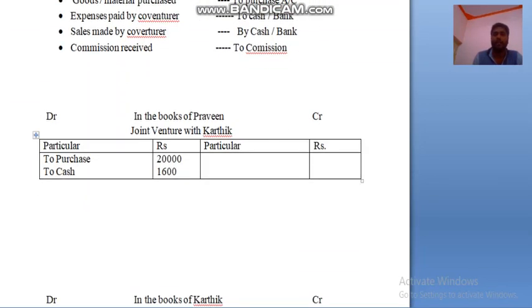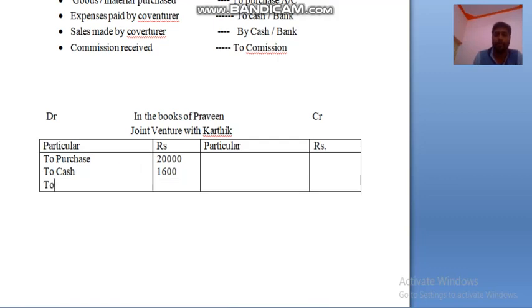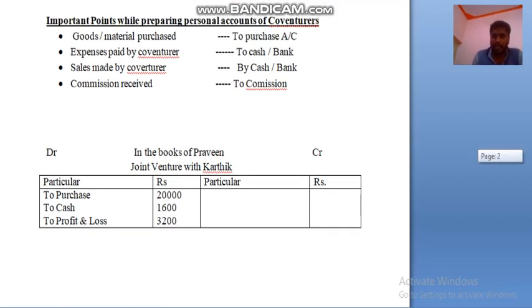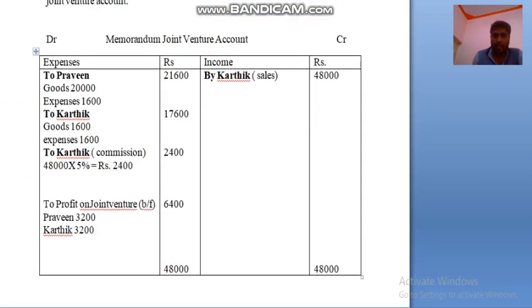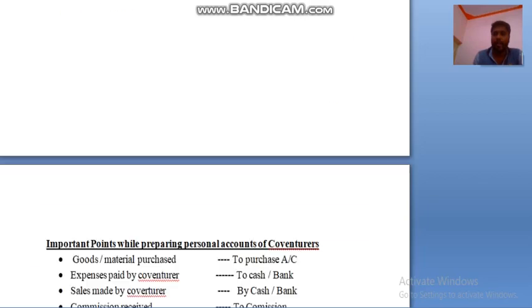So here, to profit and loss of Praveen, how much? Rupees 3,200. There are no other transactions recorded in the memorandum joint venture account related to Praveen. Only two transactions, here to Praveen and here Praveen, that we have recorded in Praveen account.